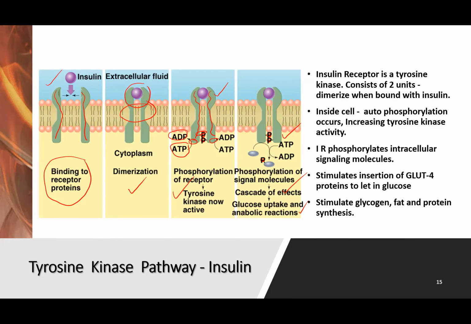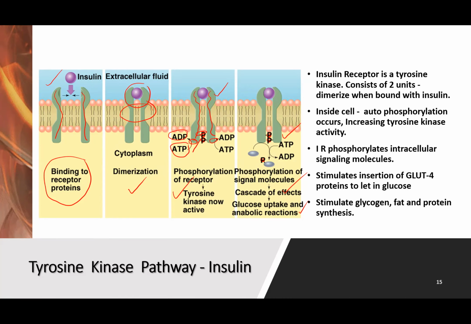Once the insulin is in the receptor, it triggers a series of changes in the limbs of the two halves of the receptor, which requires ATP. With the available energy, phosphate is bound to the terminal end of the receptor. That is what is called activated tyrosine kinase.